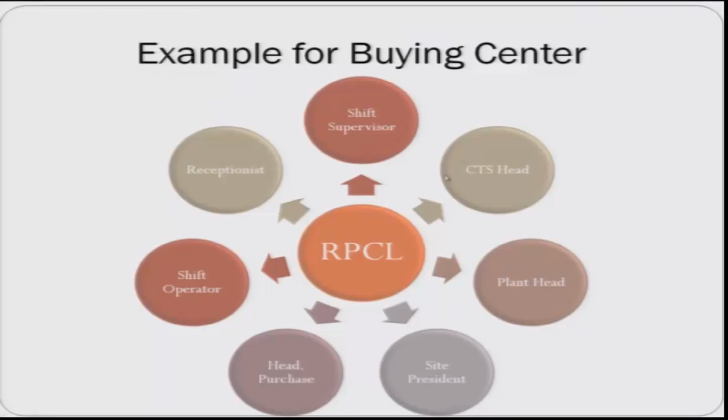In new task buying, some of these roles, like the technical services, the user and the decider, could have a very important influence in the buying center, so the buying center is more tilted towards their views. On the other side, when it is just a routine purchase, maybe none of these people are involved, and someone from the purchasing department can just decide because they understand the need of the user department, and they just order based on their prior experience.